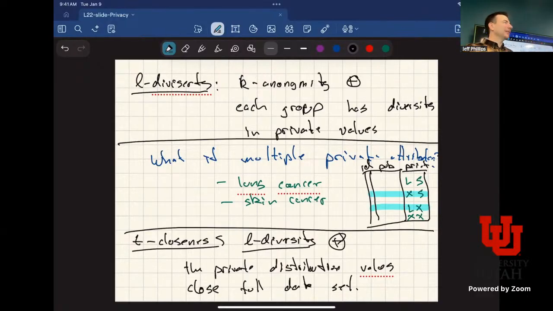Now maybe I can say, by telling you you're in this group, I cannot tell that you're in a sick distribution, because your group's distribution looks like the full data set distribution. All right, so great.